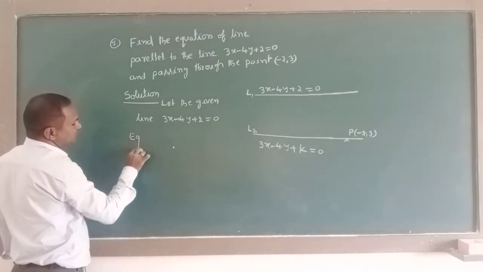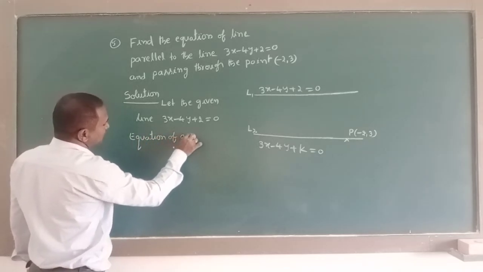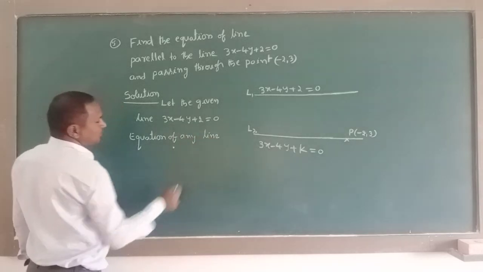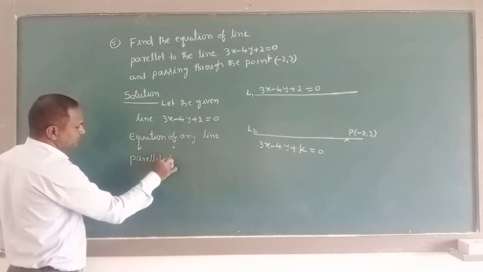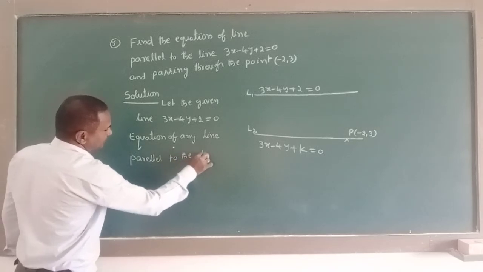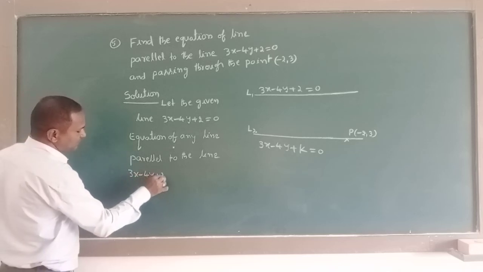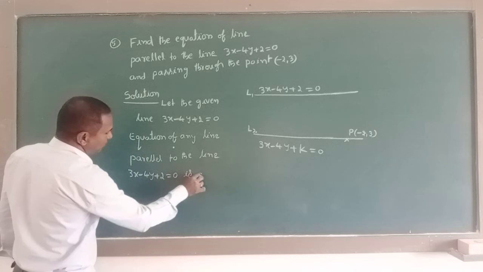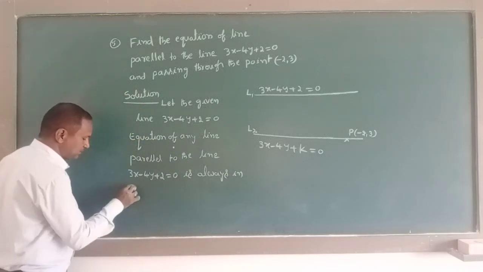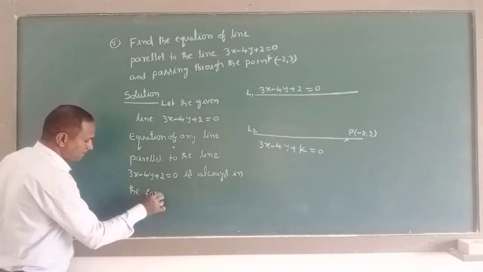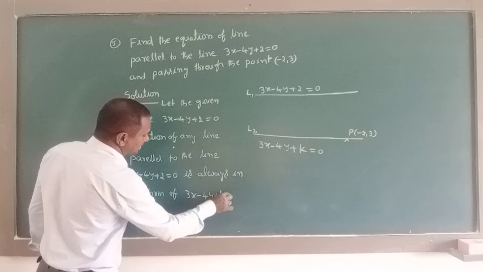The equation of any line parallel to the line 3x minus 4y plus 2 is equal to 0 is always in the form of 3x minus 4y plus k is equal to 0.